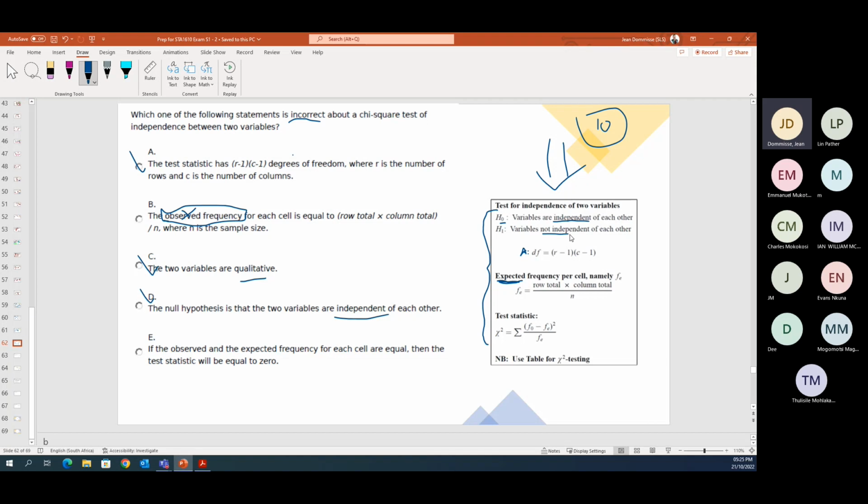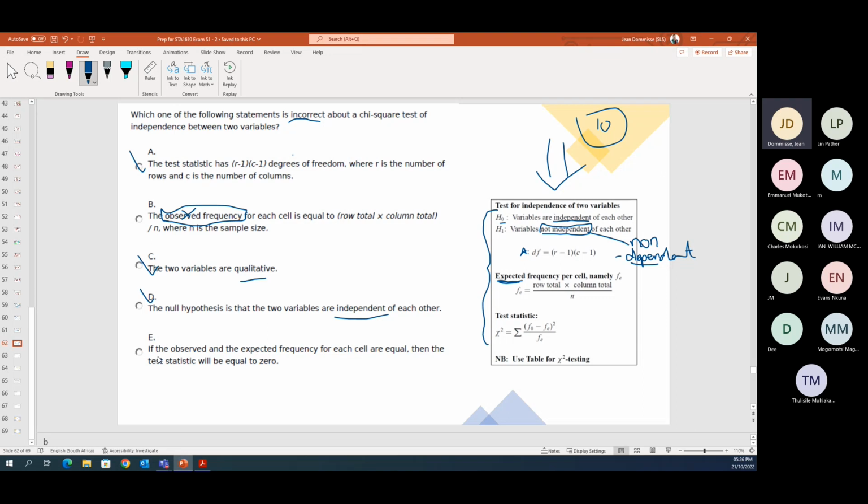So if they don't use not independent, they can also use non-independent or they can use dependent, because the opposite of independent is dependent. So that is another one that they might use in a question set. Just another thing I think it's important to note is the terminology that they might use.